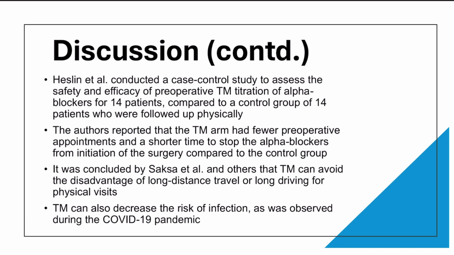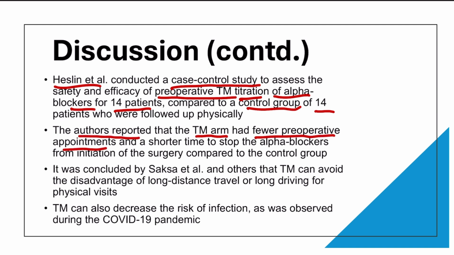The case control study done by Heslin et al. assessed the safety and efficacy of preoperative telemedicine titration of alpha blockers for 14 patients compared to a control group of 14 patients who did not receive follow-up via telemedicine. The authors reported that the telemedicine arm had fewer pre-operative appointments and a shorter time to stop the alpha blockers compared to the control group. So it is basically an advantageous point.